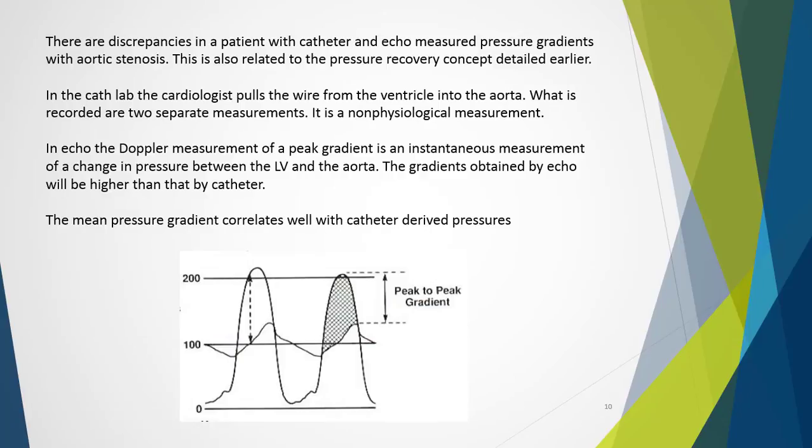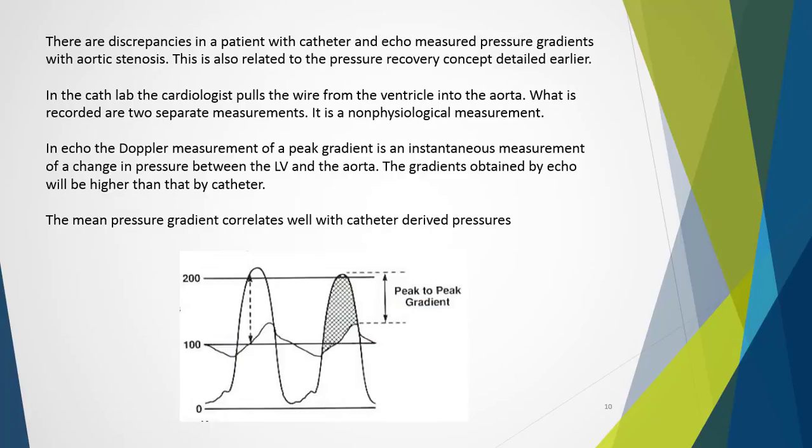This peak-to-peak method value is simply a derivation of the largest value in the left ventricle minus the lesser aortic. It's a non-physiological measurement as the readings cannot be made instantaneously. Reviewing the pressure waveforms, we can see that aortic peak pressure occurs after that of the left ventricle. So left ventricle peaking here, aortic peaking here.